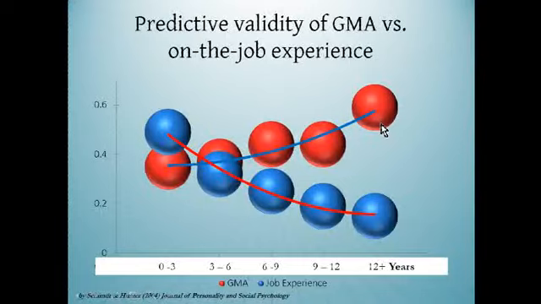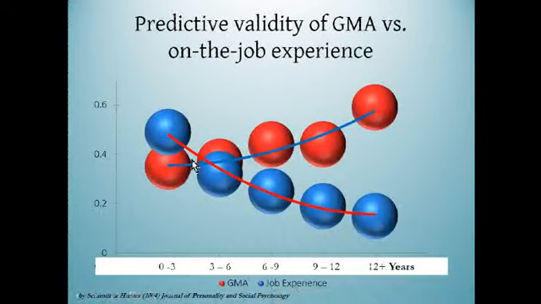This is once again quite counterintuitive. The extent to which general mental ability predicts your performance is stronger when you've been on the job longer. When you've been on the job longer, you've learned a lot of what you need to do the job, and so that's where really just being smarter lets you shine all the more.